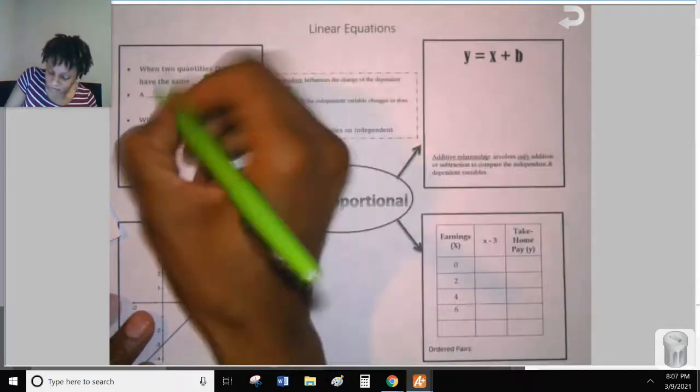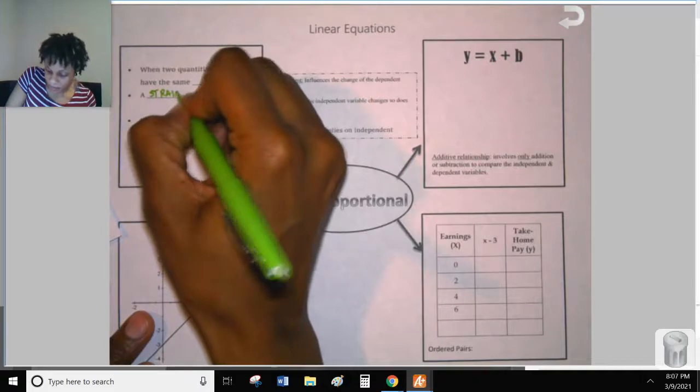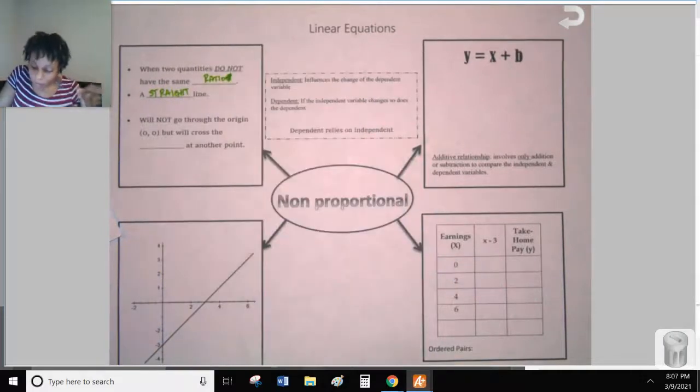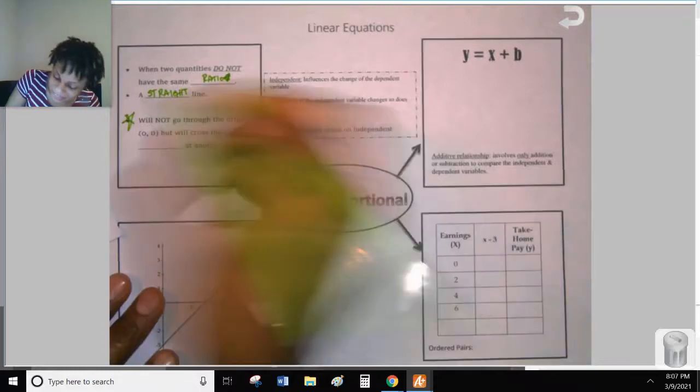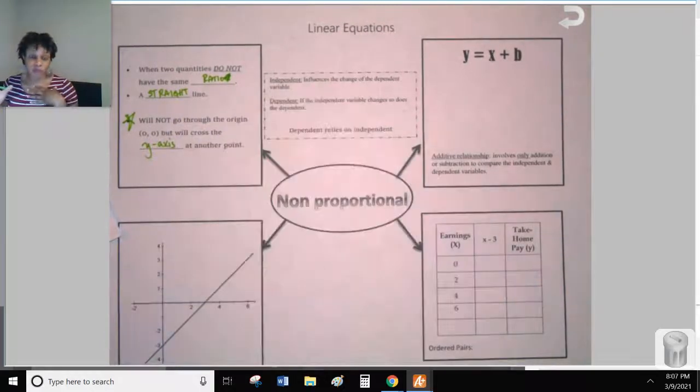It is still a straight line, but it will not go through the origin. It will cross the y-axis at some other point. So it's not going to cross the y-axis at 0. It's going to cross at some other point, okay?